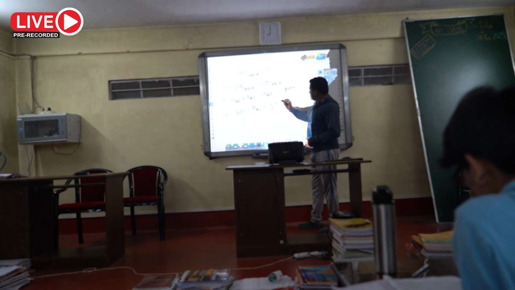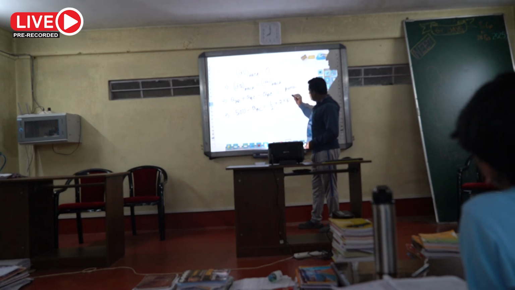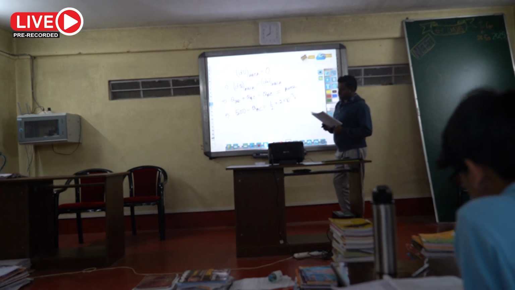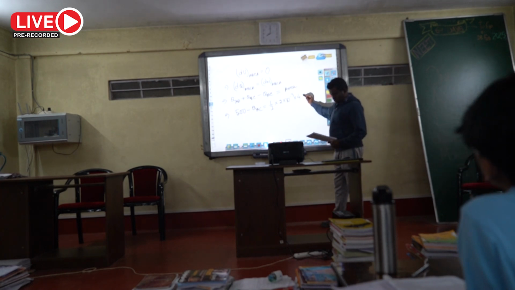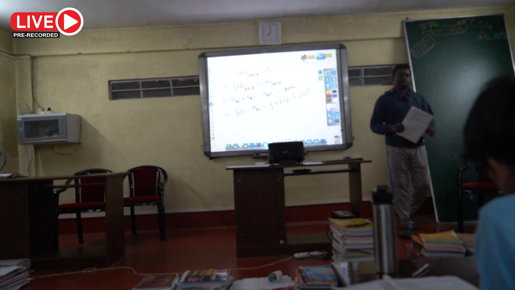BC is 4 minus 2, that is 2 into 10 to the power minus 3, into height. Height is 6 minus 2, that is 4 into 10 to the power 4 Pascal. Calculate.